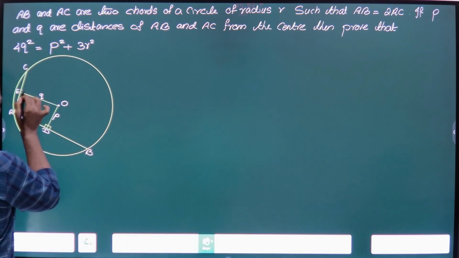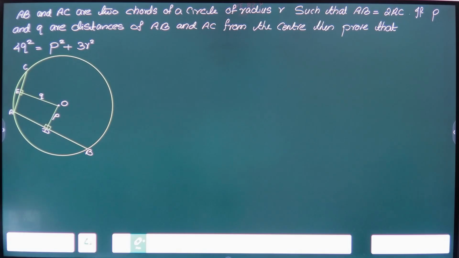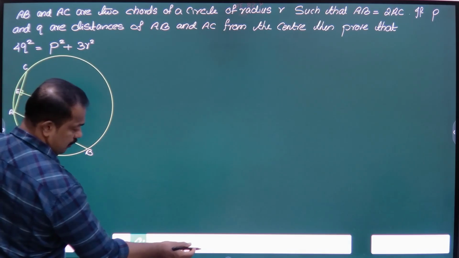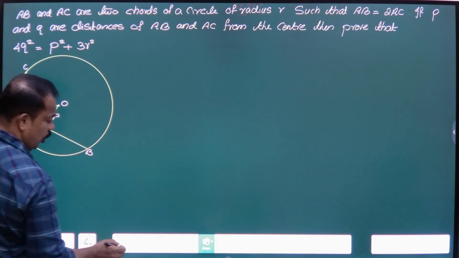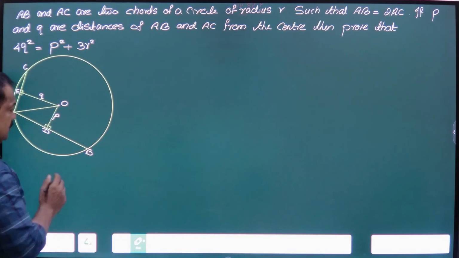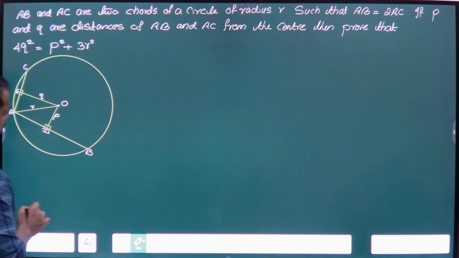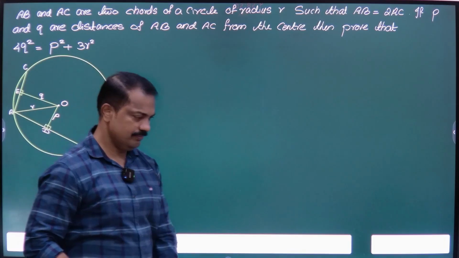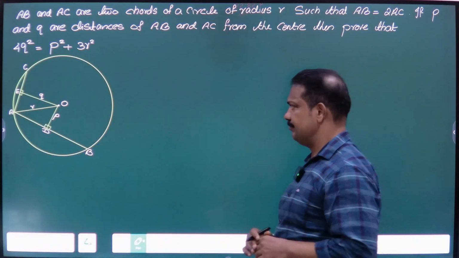Join OA. What is OA here? Radius. So that is R. This is the figure.